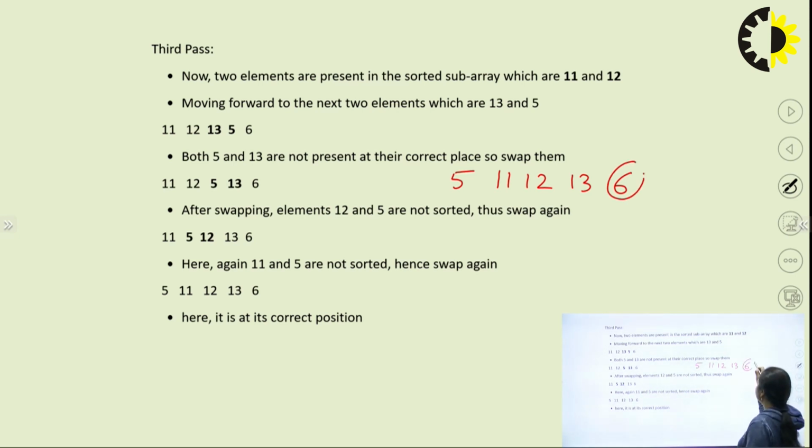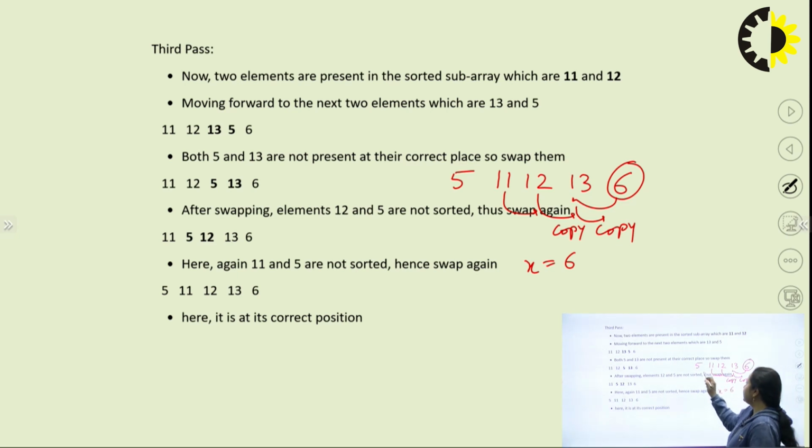Lastly, we have 6. The same process is repeated. 6 is compared with 13. We can see that 6 must be present before 13. So, 6 is first of all saved to another variable. Then 13 is copied here. After that, 12 is copied at the place of 13. Then 11 is copied at the place of 12.